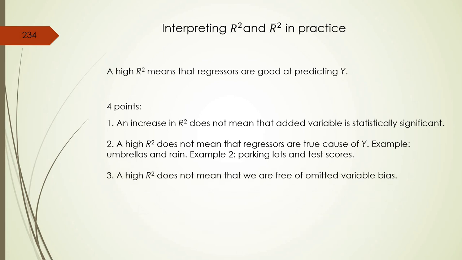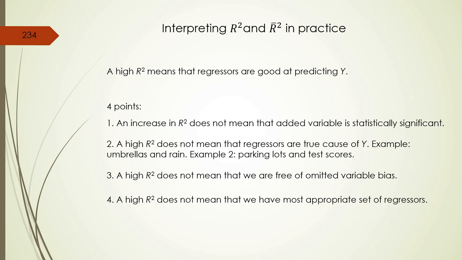Third, a high R-square doesn't mean that we are free of omitted variable bias. Even if you have a very high R-square, for example 0.89, it doesn't mean that you didn't omit some other important variable. And fourth, a high R-square does not mean that we have the most appropriate set of regressors, which is actually related to the previous fact.